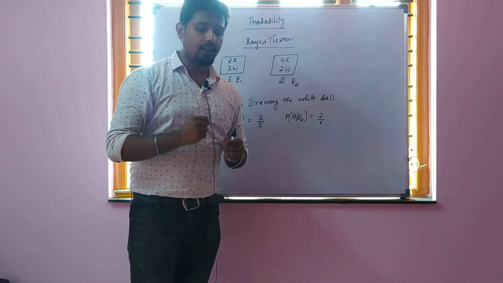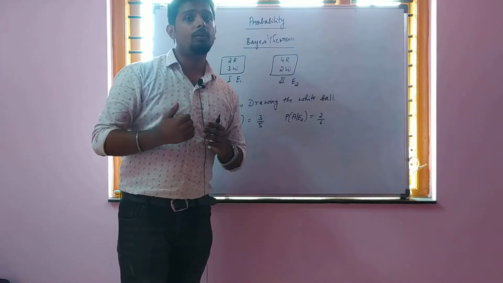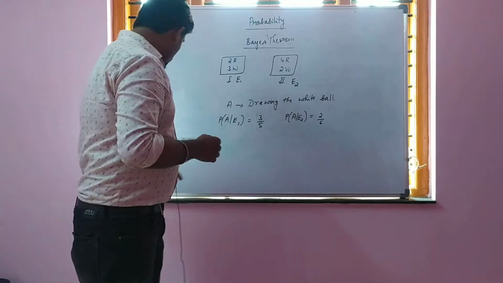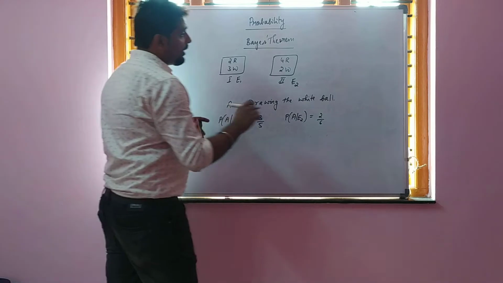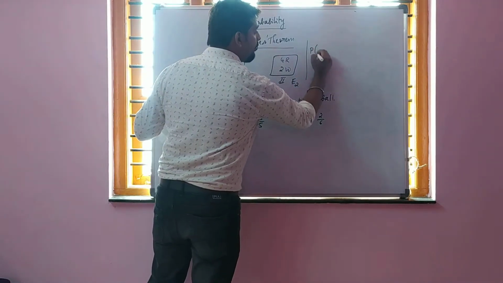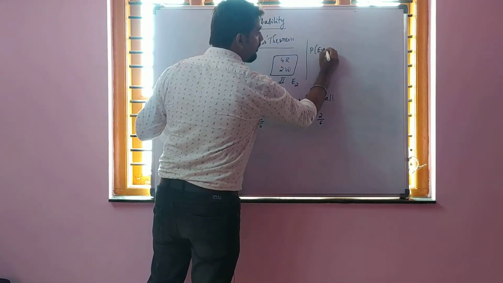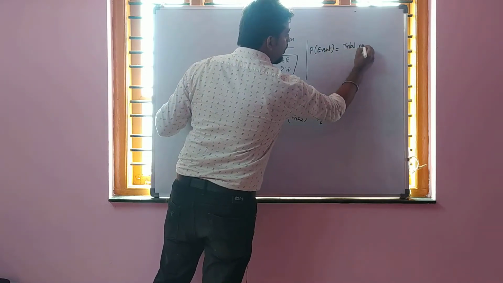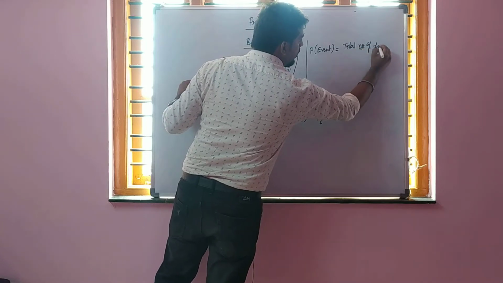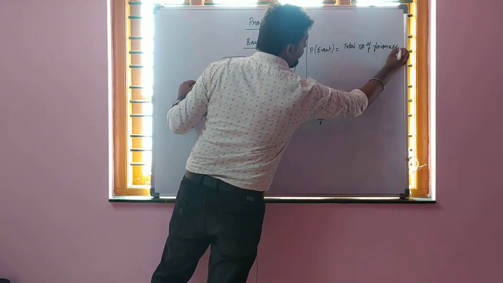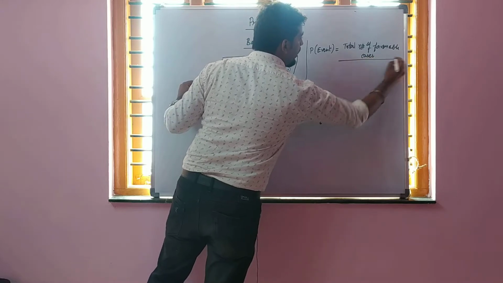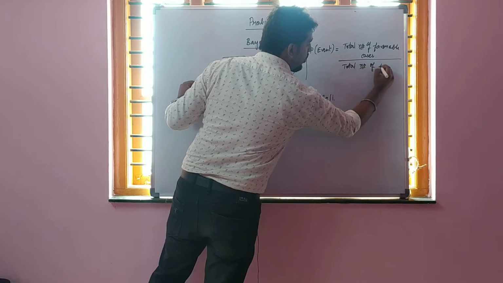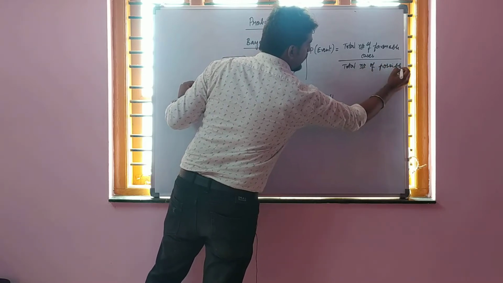So let us use the basic probability definition and try to get the answer. What is that definition, students? We know that the probability of any event is the total number of favorable cases divided by the total number of possible cases, right?